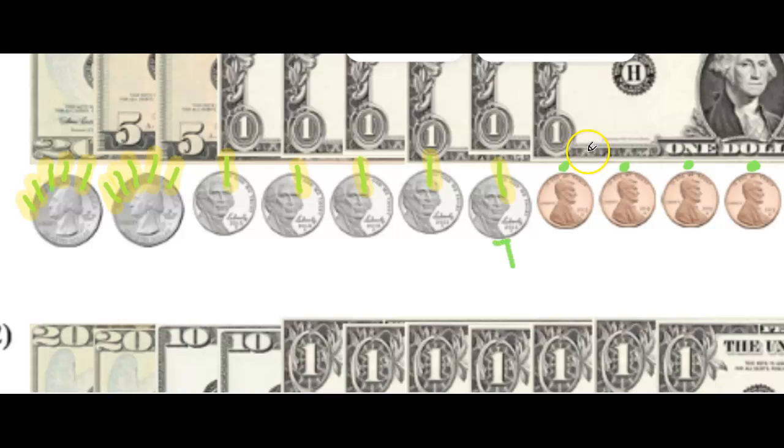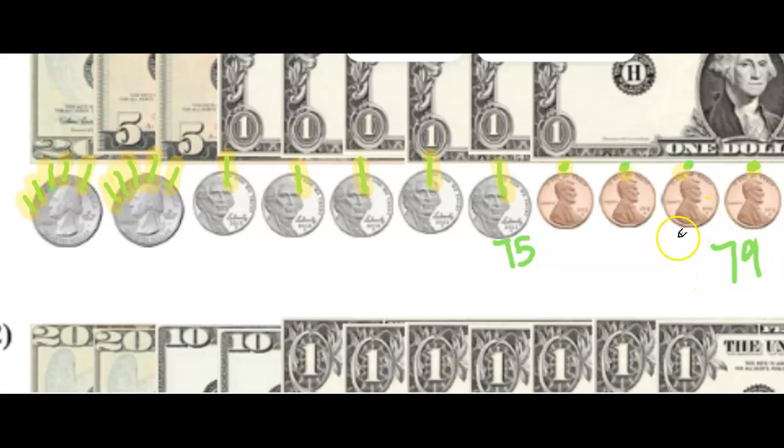So right here I have 75. Sometimes I like to mark it so I don't lose track. Now I'm adding 1s. 75, 76, 77, 78, 79. So I have 79 cents.